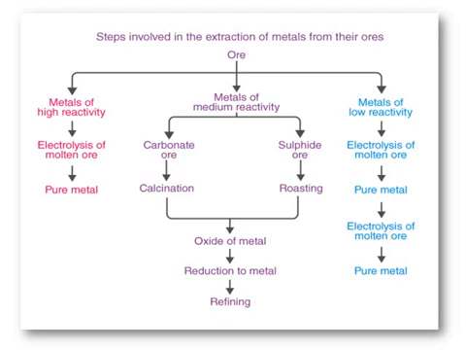And now let us look at the ores of metals which are in the middle of the reactivity series. They are divided into two: the ores which contain carbon and the ores which contain sulfur. So carbonate ores and sulfide ores. By a process called calcination, carbonate ores are converted into oxides of the metal.